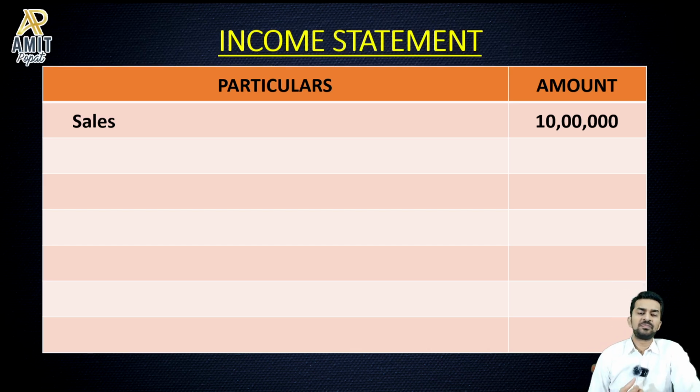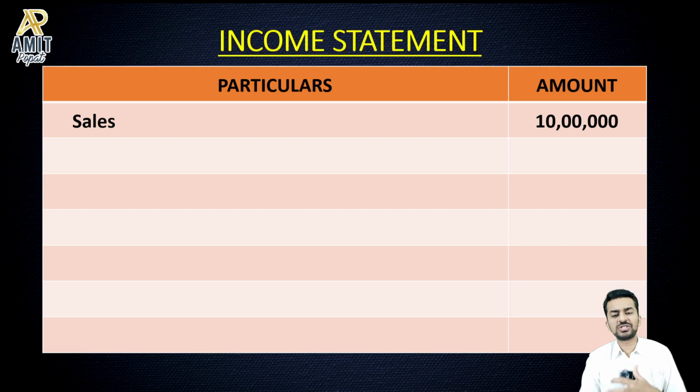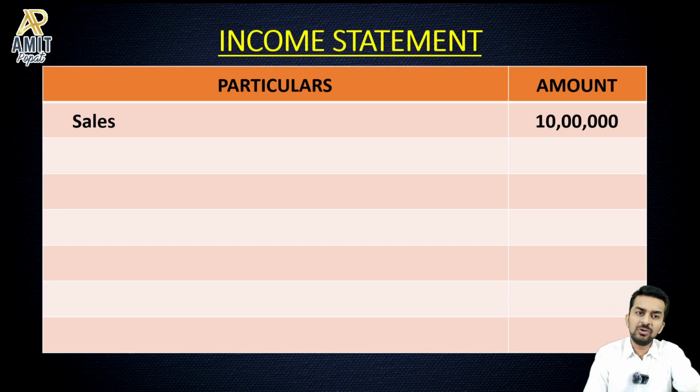Accrual basis means what? To give you an example, like I'm dealing in this mic. I'm selling this mic. So I sold a mic of 4,000 rupees. This one set cost around 4,000 rupees to, for example, Raju. I sold one mic costing 4,000 to Raju, but Raju did not pay me money. He said, Amit, I'll pay you after 1 month.